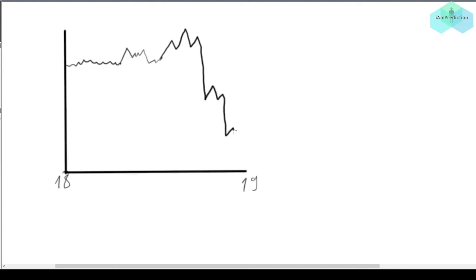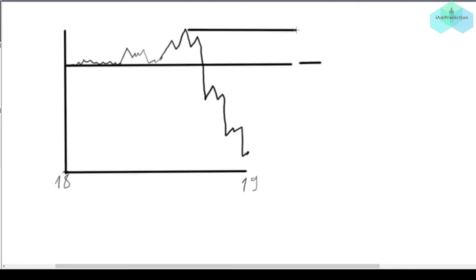And then again like this, and then again like this, and it exits at this point here. So the open is here, right? So we have it like this. The upper shadow is here. We don't have a lower shadow as it exits at the lowest point.